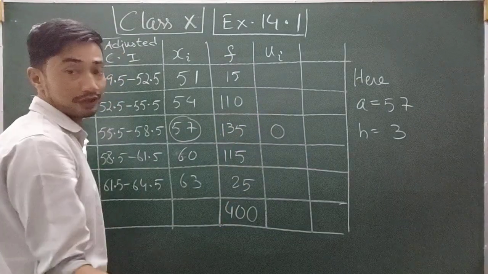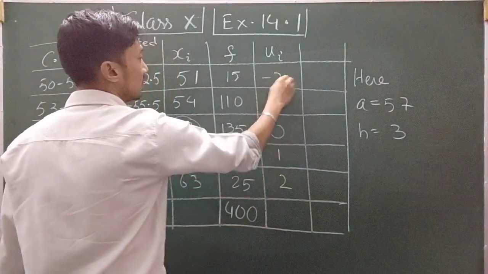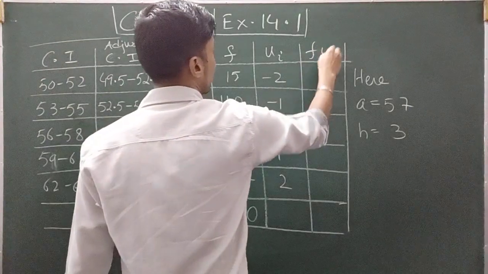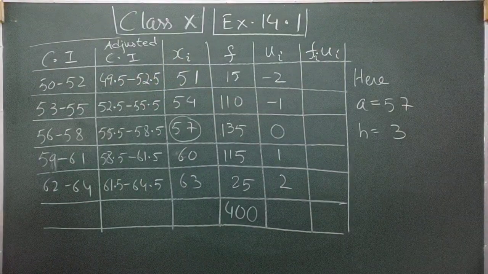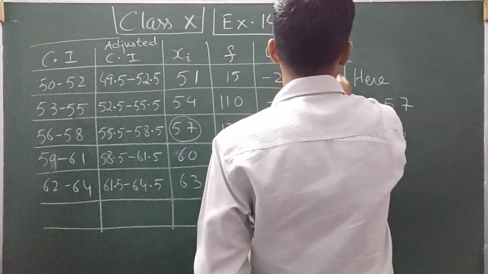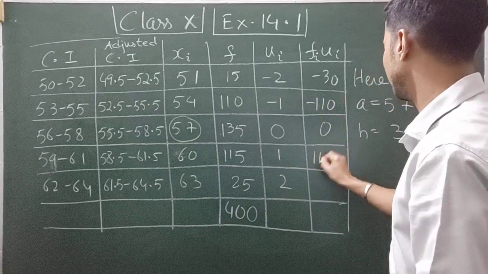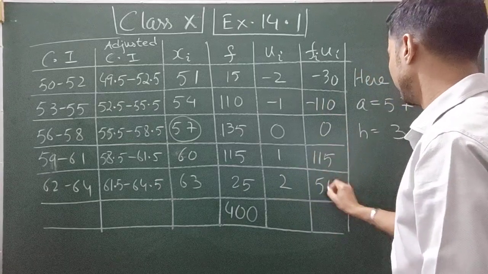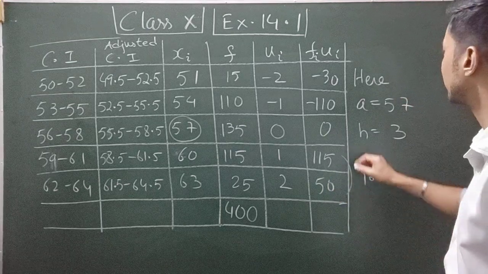Since this is step deviation method, what we will do, just increase 1, 2, next 1, minus 2. That was the advantage of step deviation method. So now multiply. So this is minus 30, minus 110, 0, 115, 50. So these two if you add, we get 165.